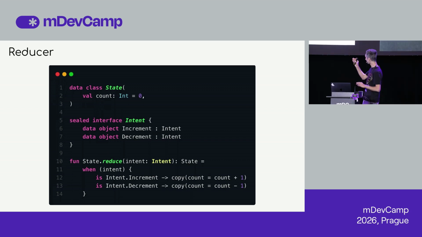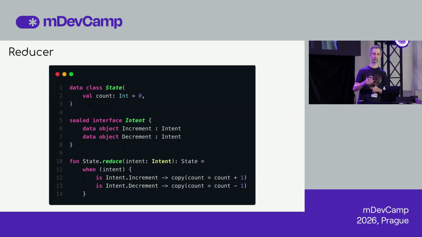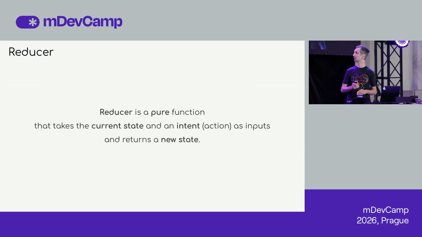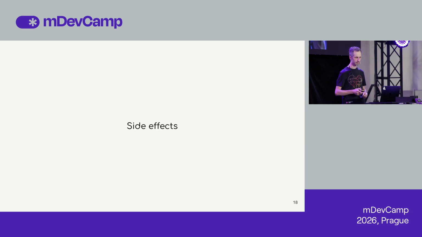You have the current state, you pass the intent, which is a sealed interface like increment and decrement, and it copies the state and returns a new copy with new data. It's very easy to test. So the reducer is a pure function that takes the current state and intent as inputs and returns a new state.